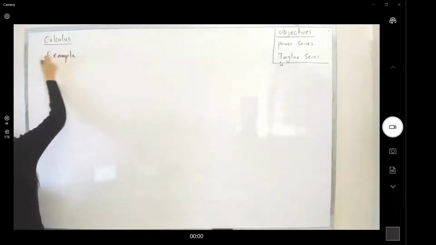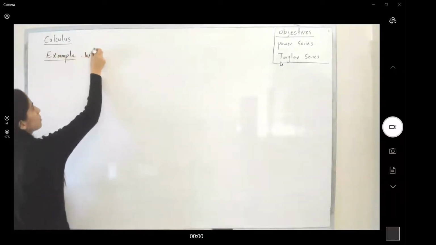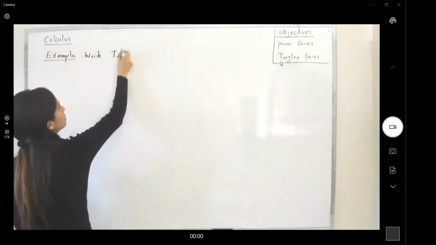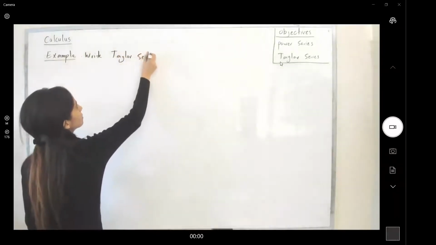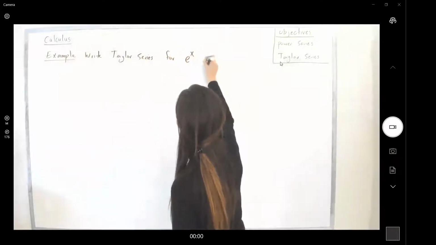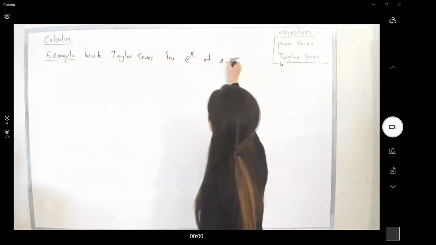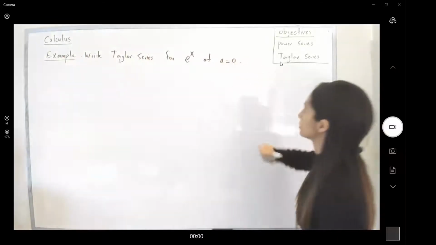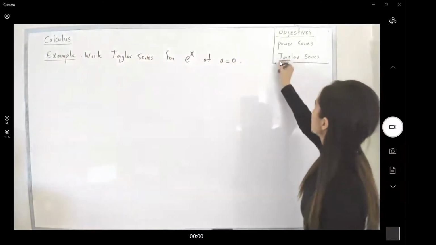Example, write Taylor series for e to the x at center a equal to 0. Let's write the note here.